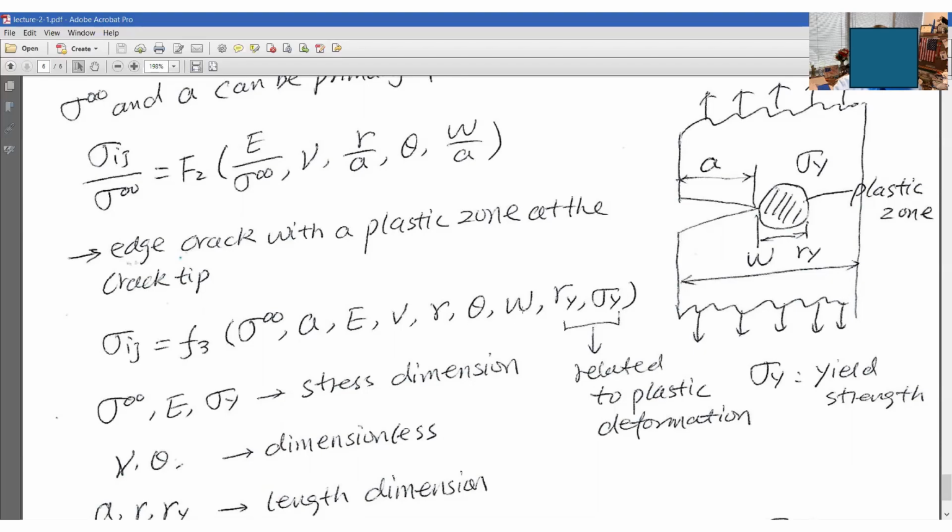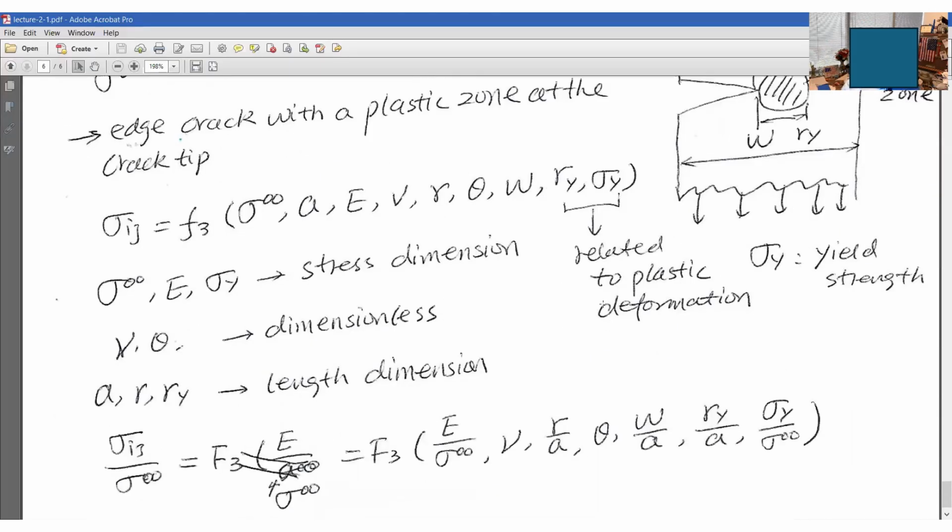W is the width of this plate. Ry is the radius of the plastic circle, and sigma y is the yield strength of this material, right? So Ry and sigma y, these two variables are related to the plastic deformation.